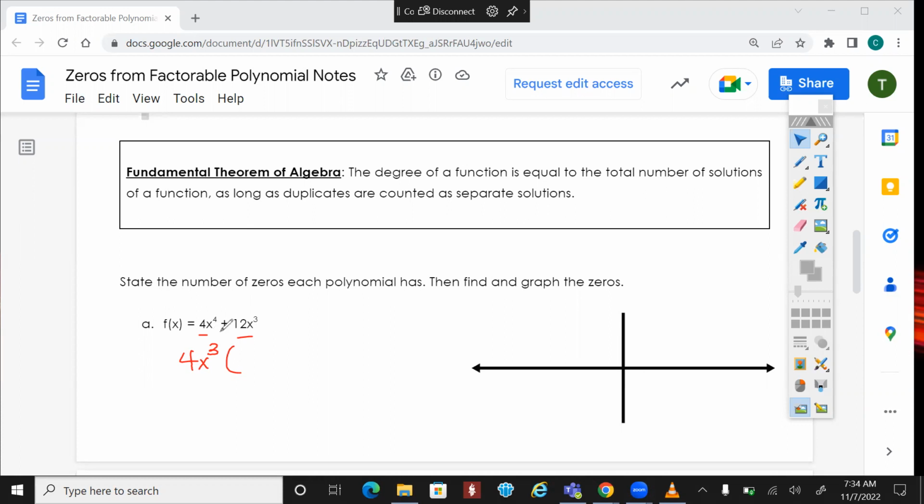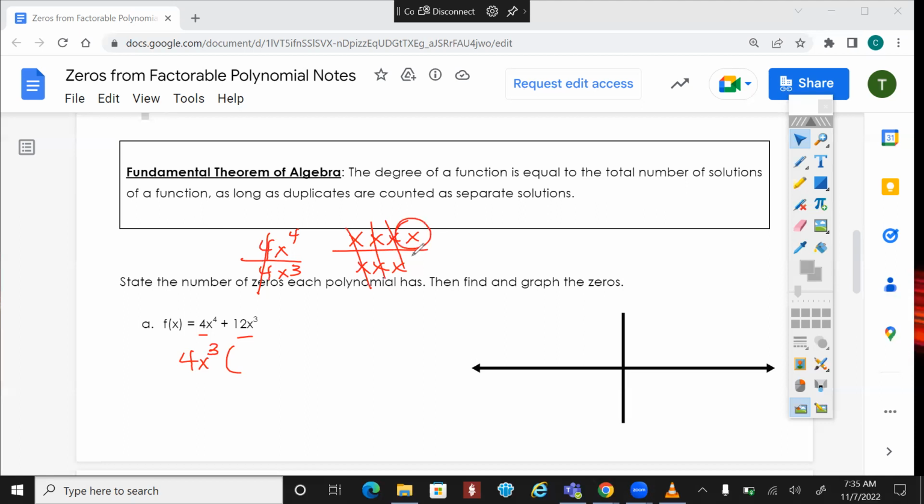So what is 4x to the fourth divided by 4x to the third? We see that the 4's cancel. X to the fourth divided by x to the third gives me what? Okay, pause. Watch. If I have 4 x's and I have 3 x's in the bottom, these cancel out.